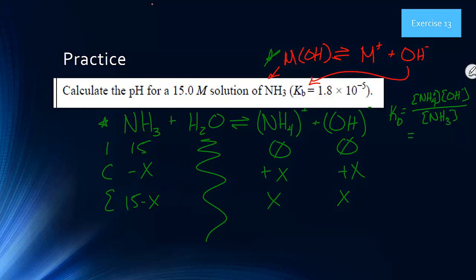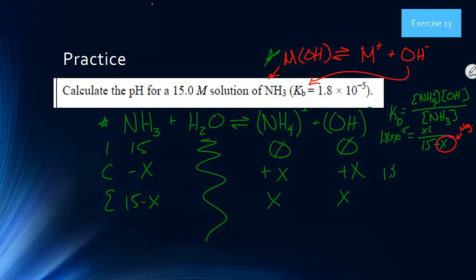So Kb of 1.8 times 10 to the minus fifth has to equal x squared over 15 minus x. Again, this x can only be but so big. So if we were to take 1 times 10 to the minus fifth and subtract it from 15, we would still have 15. So this is a neglectable value.